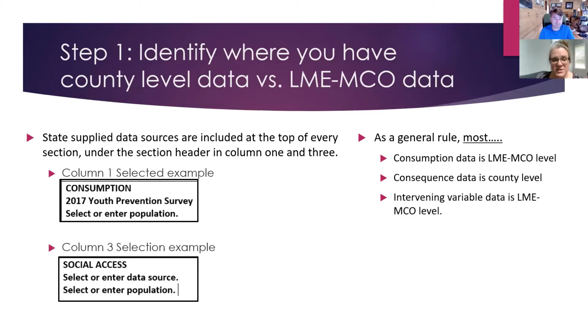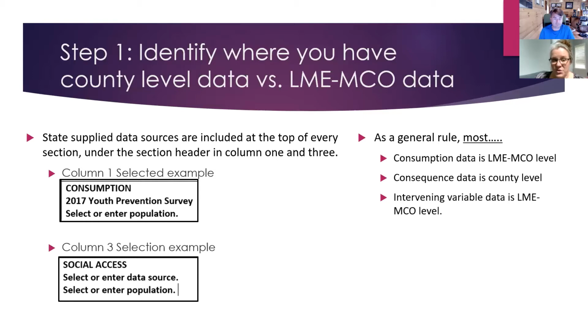And it also shows a box to select the population. At the top of every single section is the state supplied data sources. So those come before anything else. There is a drop down and select box. And so you can either select the state source or you can type in your own source for this particular data point. That's in every section at the top.